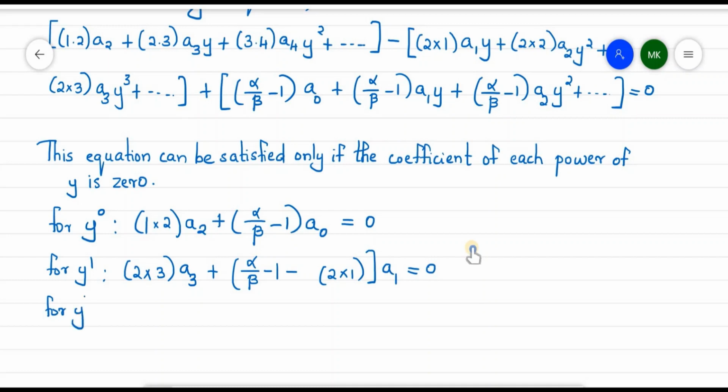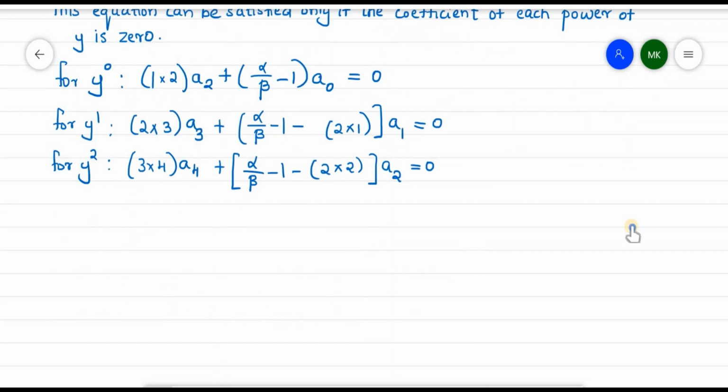Similarly for y raised to 2, picking out the coefficients of y square. So we have 3 into 4 into a4 plus alpha by beta minus 1 minus 2 into 2 into a2 equals 0.